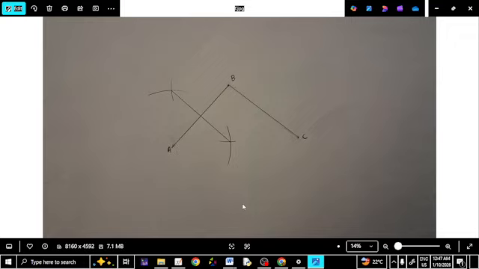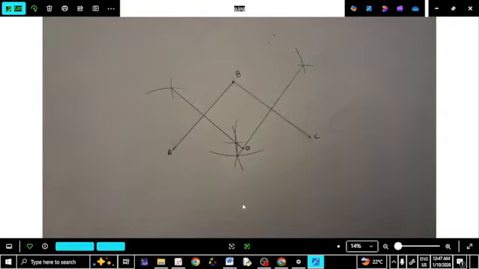I will repeat the same process for the line segment BC, and then draw the perpendicular bisector for BC. You observe that the perpendicular bisectors of AB and BC meet; mark this point as O. This point O will be the center of the circle.